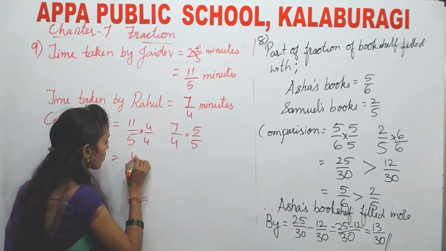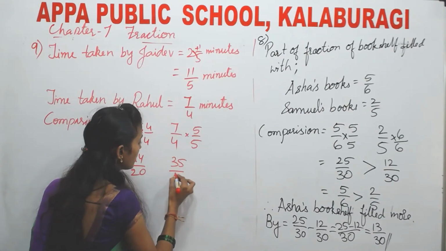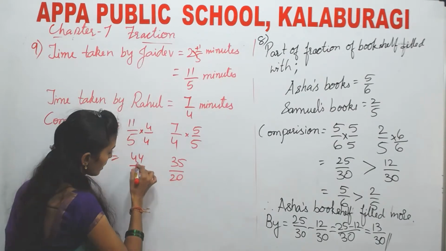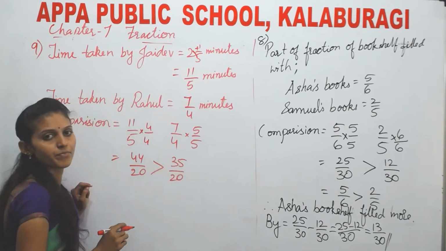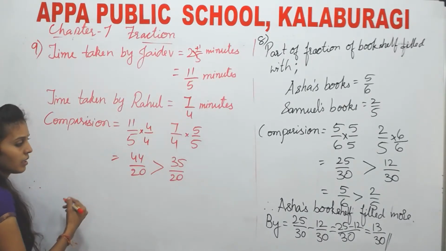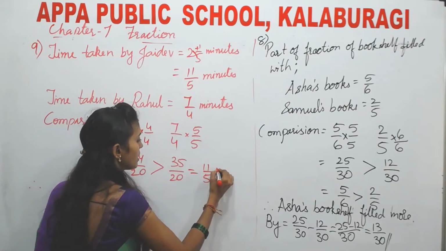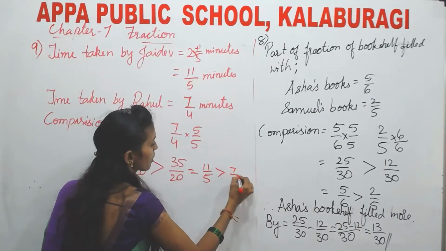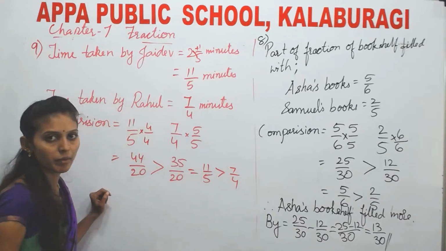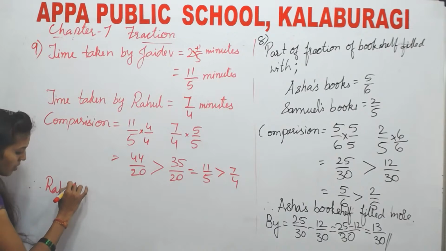So 11 4s are 44 by 20, and 35 by 20. Then this is more, this is less. That is 11 by 5 is more than 7 by 4. That means 7 by 4 is less than 11 by 5. So therefore, Rahul took less time.